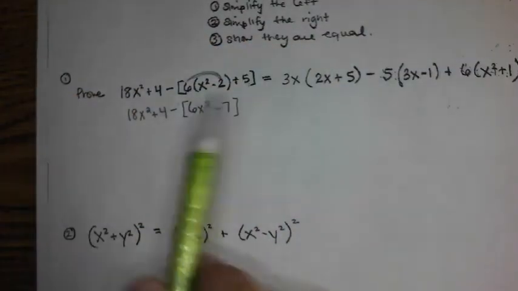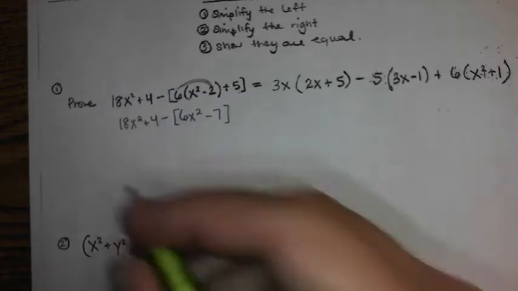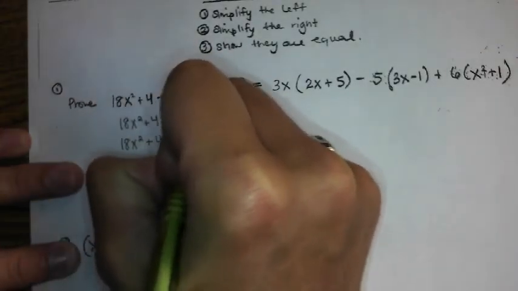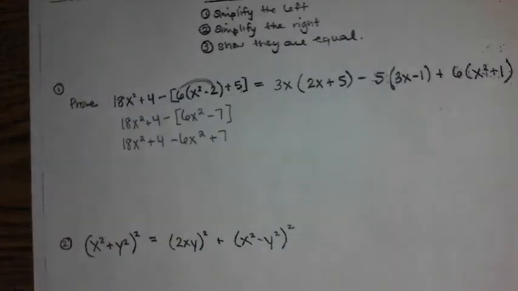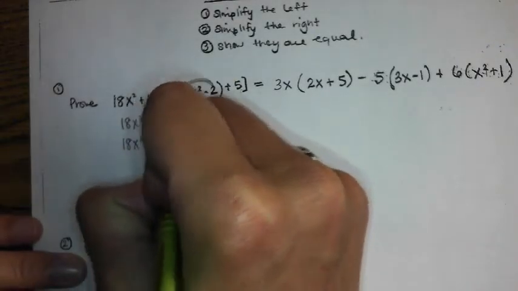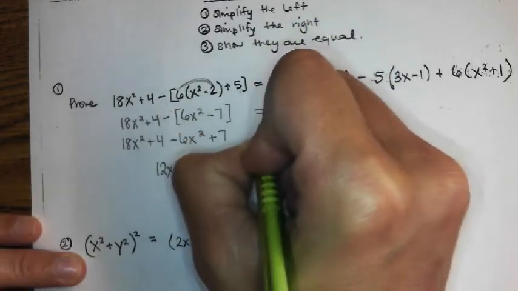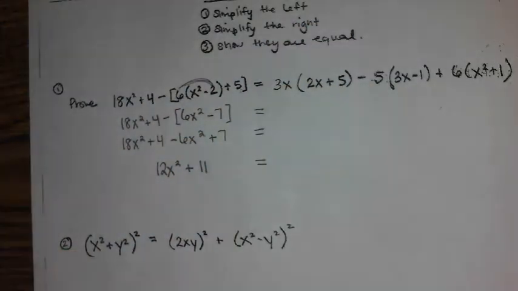Now I'm going to distribute that negative that's in front of the brackets. And now I'm going to combine like terms. So I have 12x squared plus 11. That is my left-hand side, simplified.